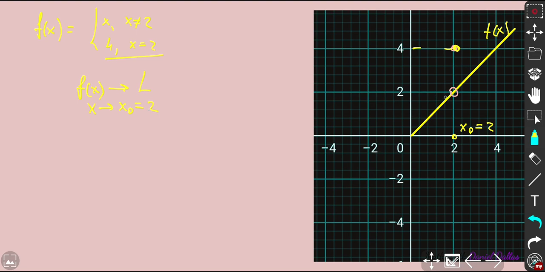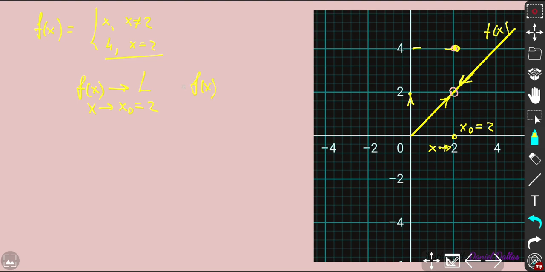And indeed, if we explore from both sides, the left side limit, or left-hand limit, for values tending to 2 from a little below 2, we understand that the function value will tend to 2, right here.